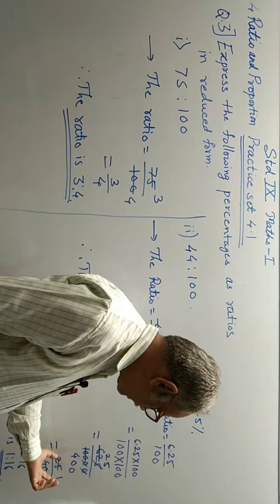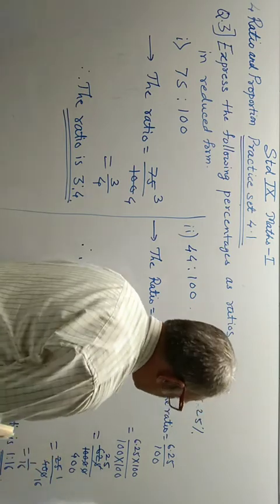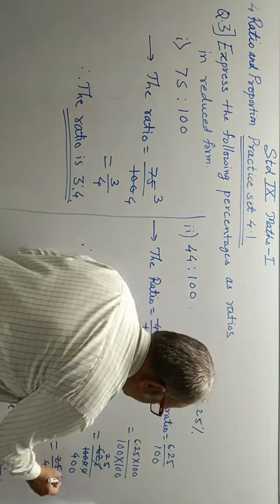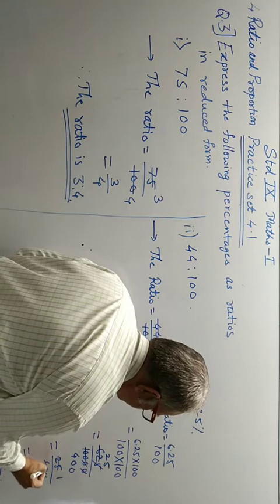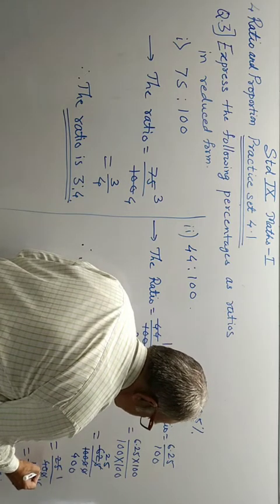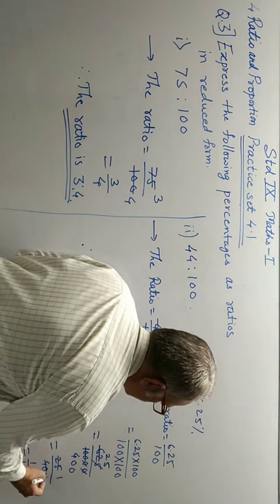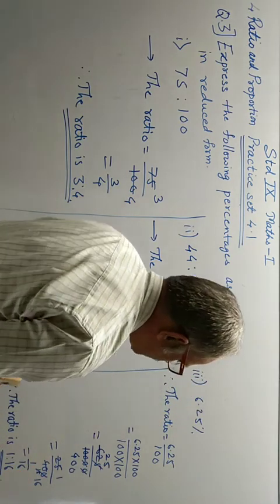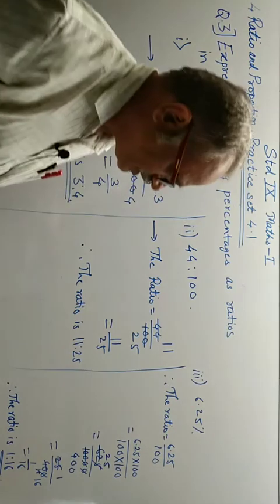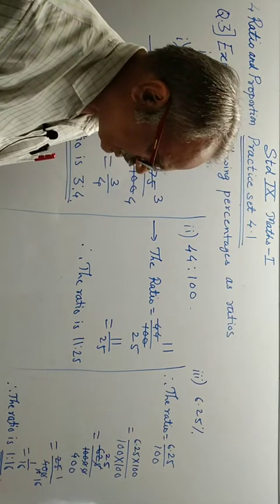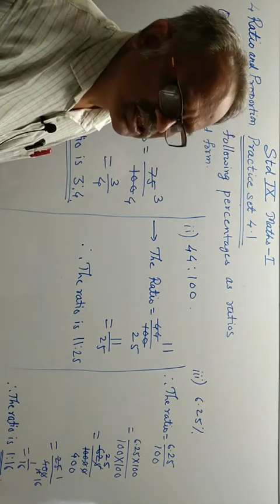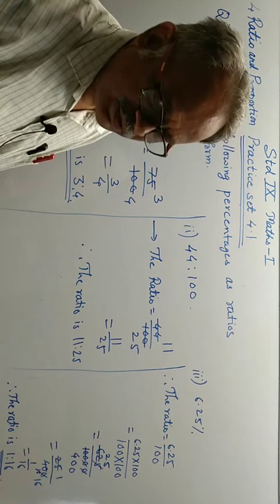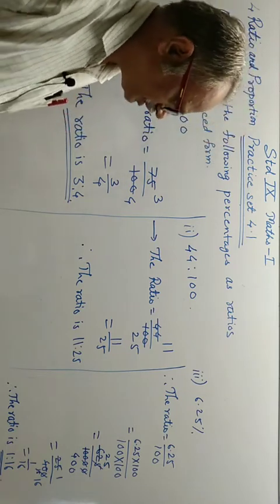So we get 25 upon 400. Again cancel by 25. 25 1s are 25, 40 minus 25 is 15 remain, 15 becomes 150, 25 6s are 150. 1 upon 16. Therefore the ratio is 1:16.